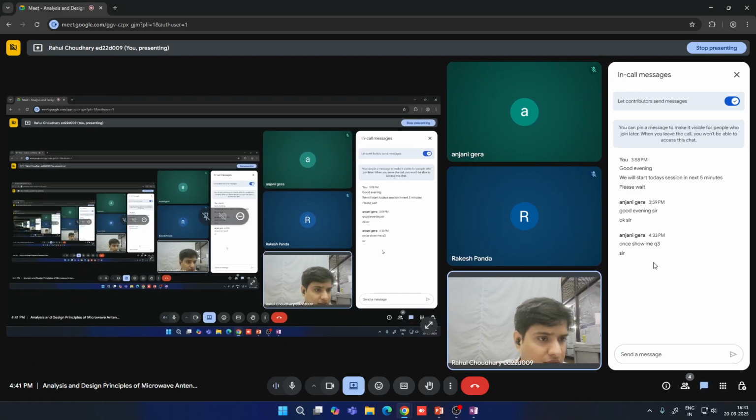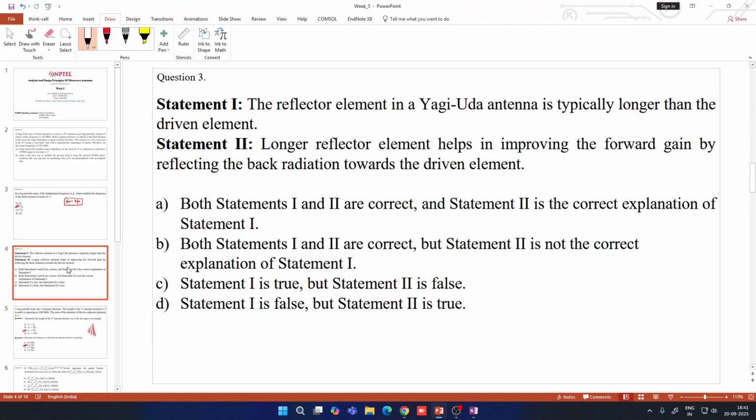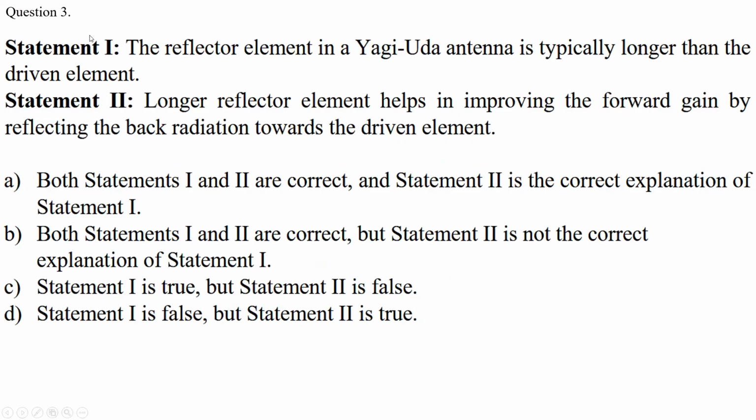If it is clear, then okay, I will show you question number 3. Sorry, I didn't show that. Question number 3 I can repeat again if you want. There are two statements and we have to select the option which says that both statements are correct, and statement 2 is a correct explanation of statement 1.